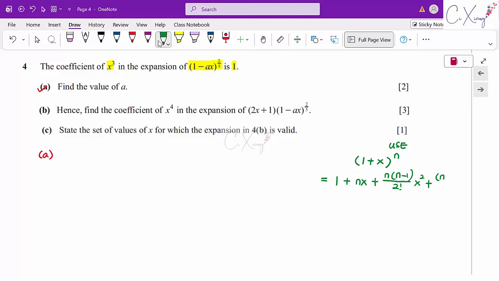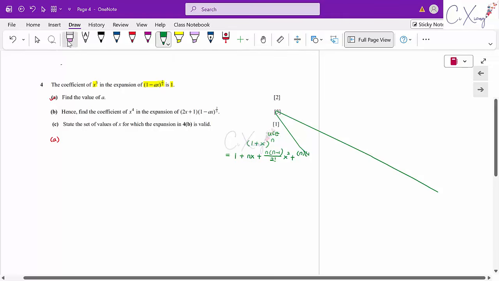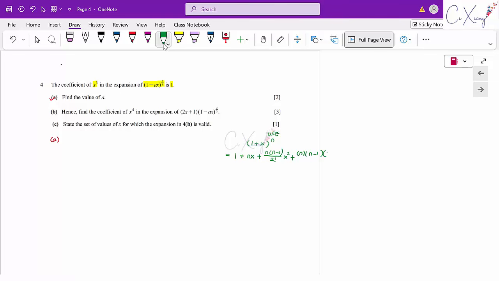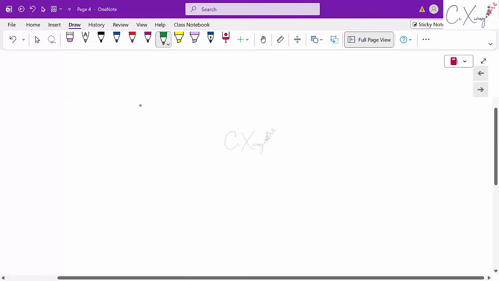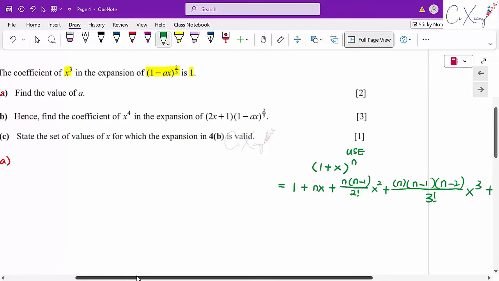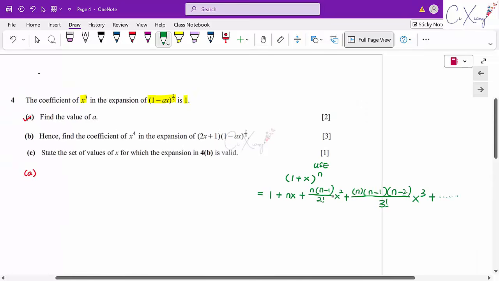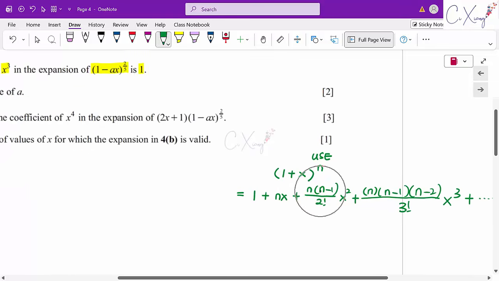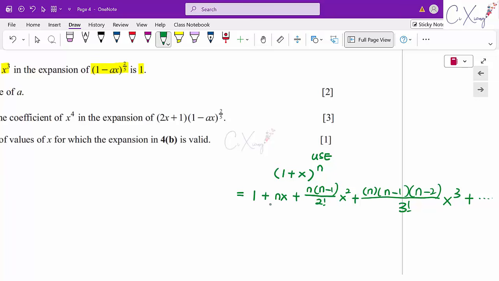Then the next term is n, then n minus 1, n minus 2 divided by 3 factorial with x power 3. Of course, we can extend it to more terms, but we are looking for up to x power 3 only, so I just keep it up to x power 3 here. Just extra information: this formula is provided in the formula booklet, so you can refer to the formula booklet if you want.